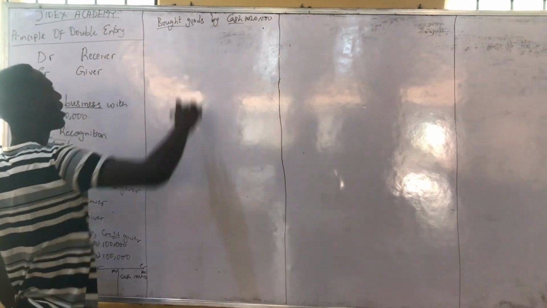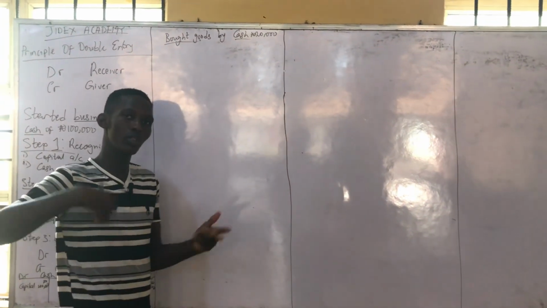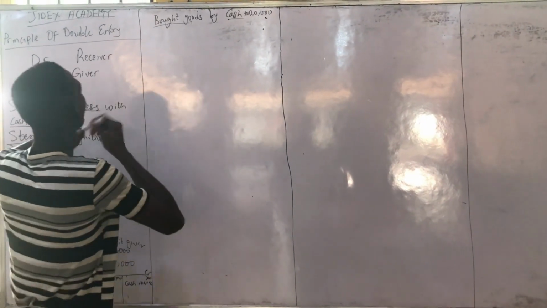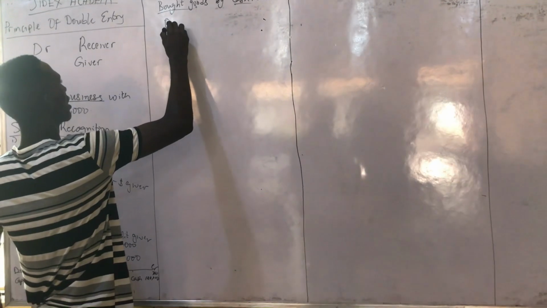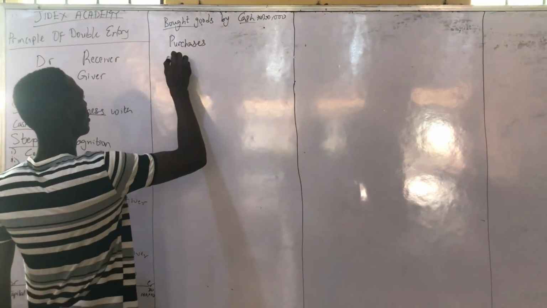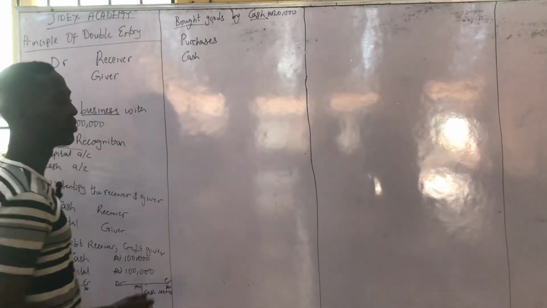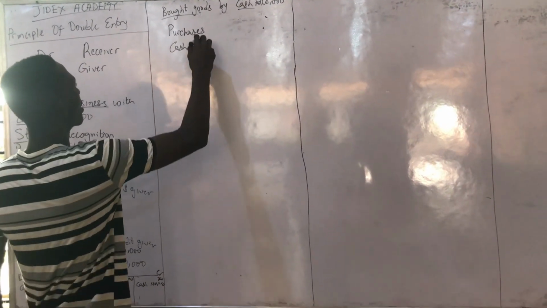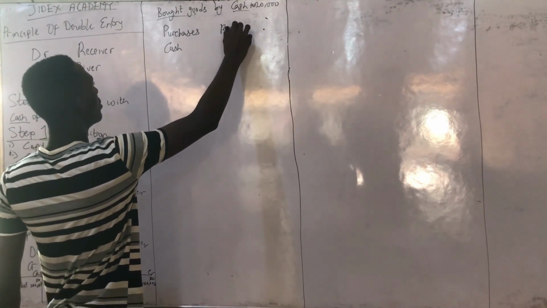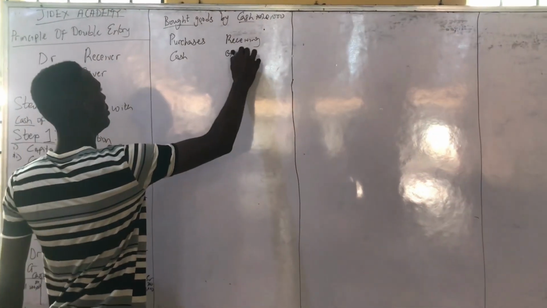In accounts, whenever you buy goods, remember purchases are goods bought for resale, so it is recorded as a purchases account. So the two accounts involved are purchases and cash. Now who is giving, who is receiving? Purchases is receiving, and cash is giving. Why?